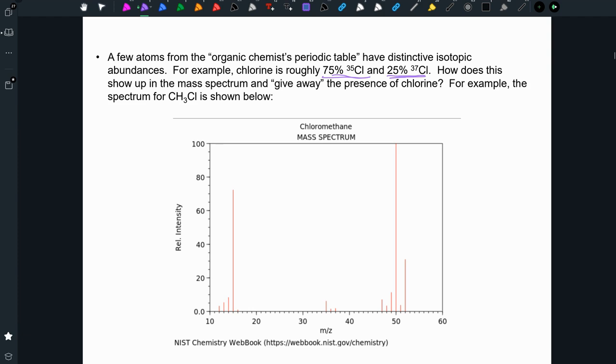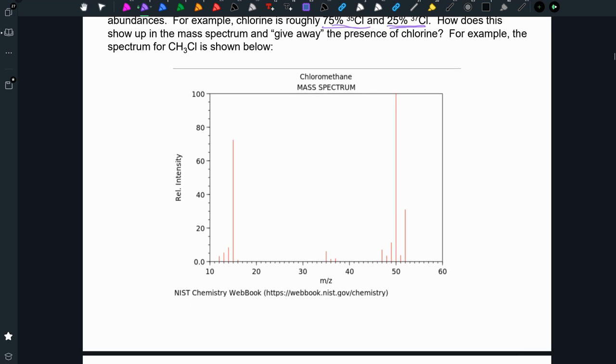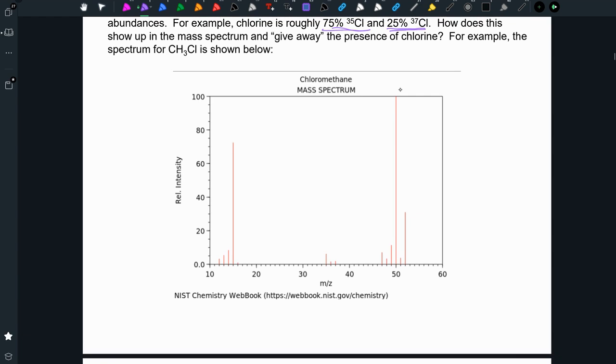Because of that, we would expect to see at the right-hand end of a spectrum of a molecule containing chlorine, an M peak and an M plus 2 peak, where those are present in roughly a 1 to 3 ratio, right?